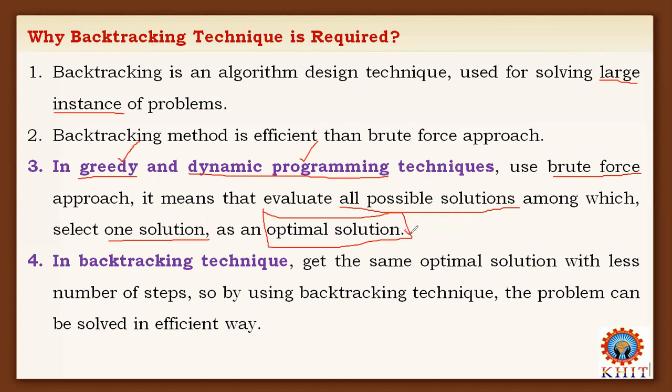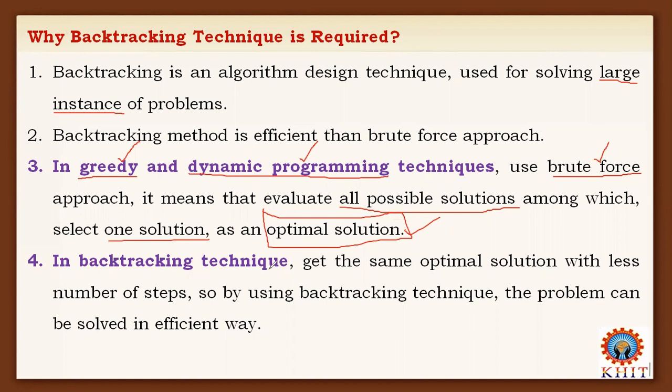That solution is called the optimal solution. The same approach is used in dynamic and greedy techniques, and it is called the brute force approach. But clearly observe how backtracking is different when compared with greedy and dynamic, which we will discuss now.